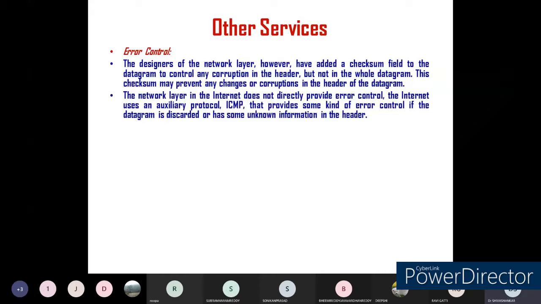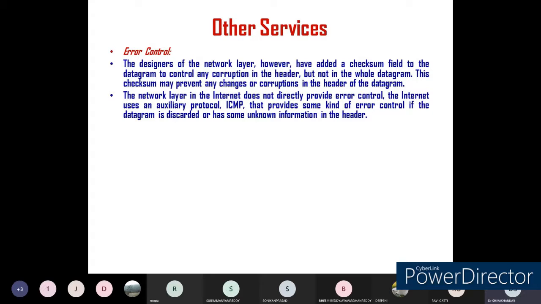The network layer in the internet does not directly provide error control. The internet uses an auxiliary protocol, ICMP, the Internet Control Message Protocol.